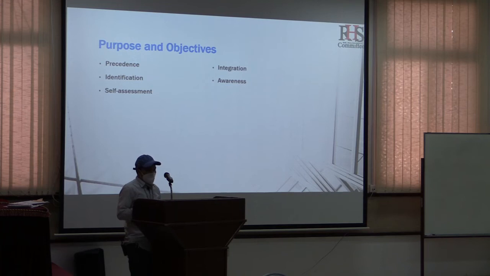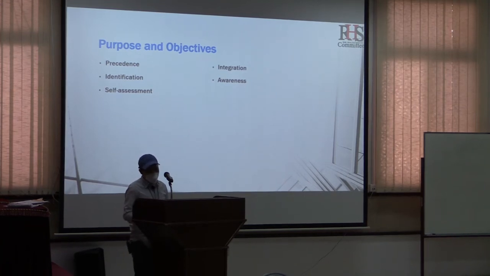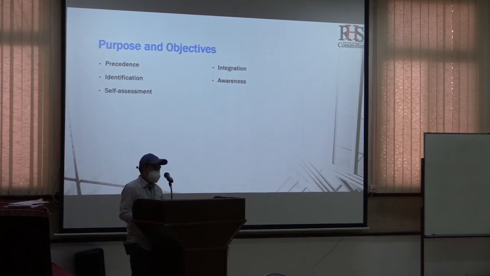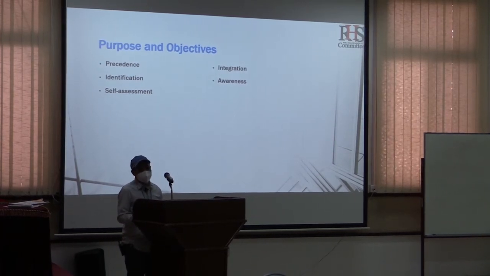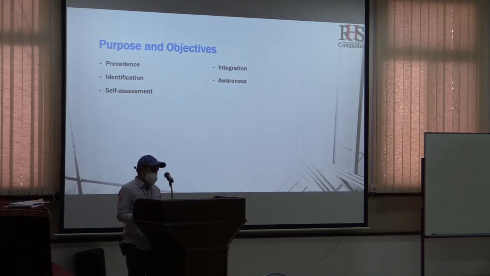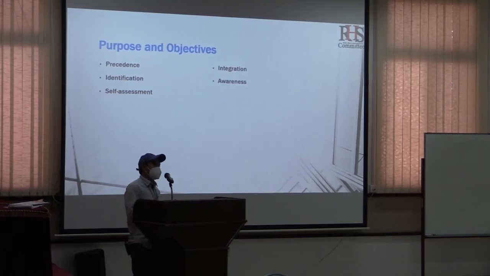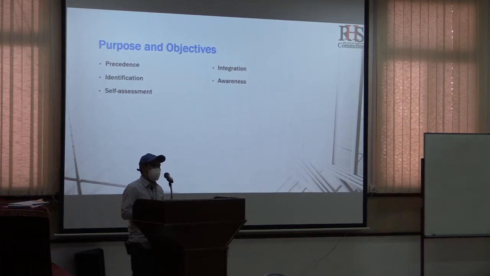And of course, when we talk about identifying the hazards, what do we do about it if we identify these hazards? So we conduct some self-assessment and then integrate that in our action plans for the laboratories and the workshops so that we can more or less provide some control measures and disseminate this through awareness among all the staff or users for those laboratories and the workshops that we have in our respective departments and sections.